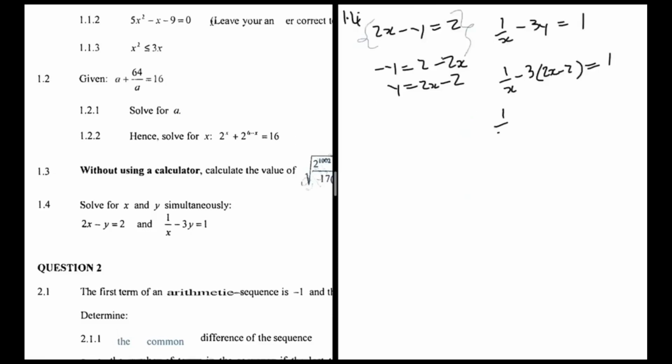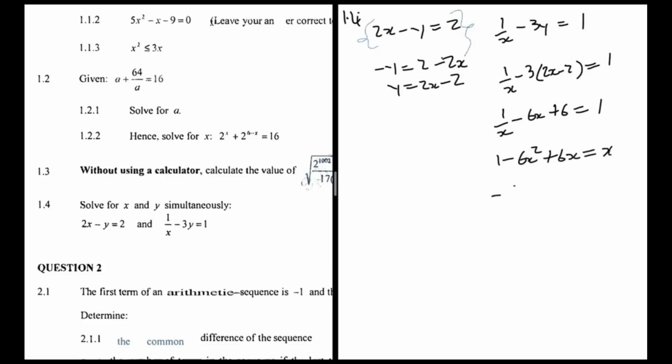So we're gonna have 1 divided by x minus 3 multiplied by 2x minus 2 equals to 1. So I'm gonna have 1 divided by x minus 6x plus 6 equals to 1. So I'm gonna multiply everything with x because I don't like dealing with fractions, right? So I'm gonna get 1 minus 6x squared plus 6x equals to x.